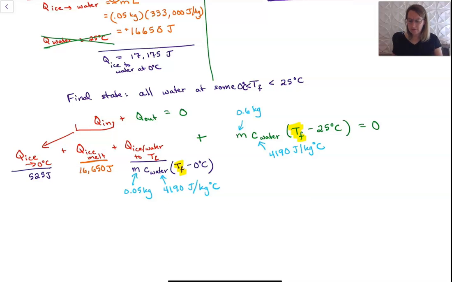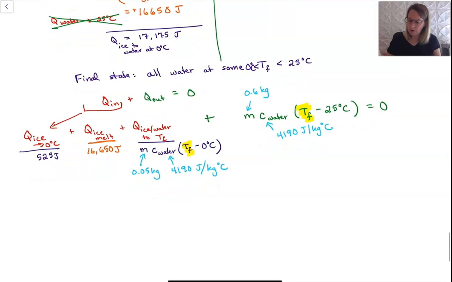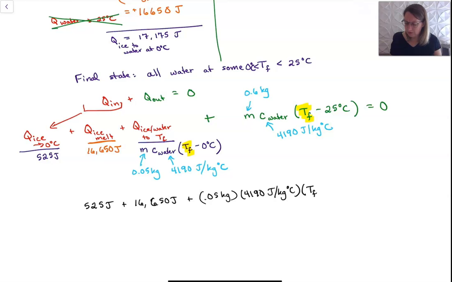So we're going to put all of these in. They're all in our equation now. Our equation is going to look like 525 joules plus 16,650 joules plus 0.05 kilograms times 4190 times T final minus 0, so that's just T final.